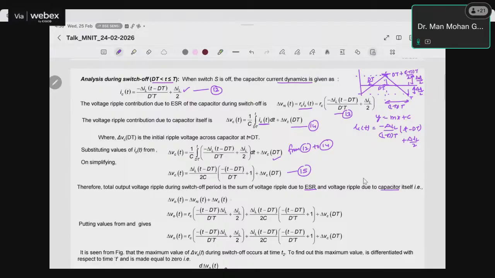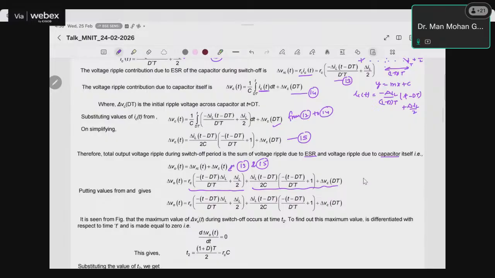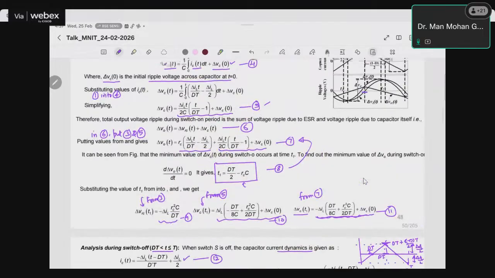So we will add both of them, and when adding, it means we are substituting values from 13 and, sorry, 15. You are putting values from 13 and 15. So if you put these values from 13 and 15, then del V naught, we got this expression, right? Now we can simplify this expression, and we are getting the del V naught expression. So this del V naught expression is nothing but the expression for this particular voltage.